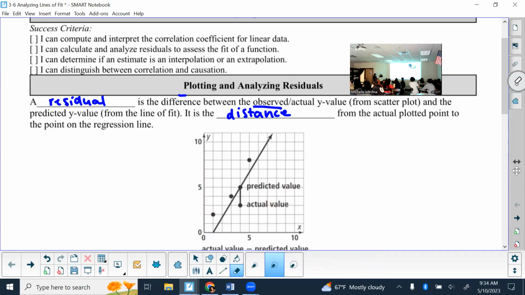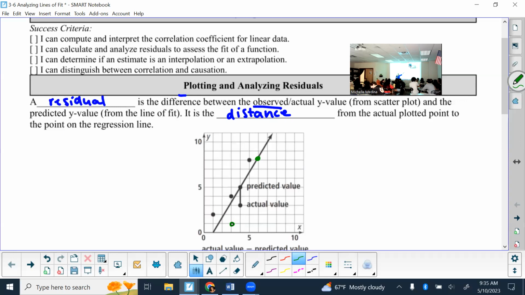So here, let me give you an example. Say that these are some of our actual values. Say that I have one here and that I have one over here. Which residual would be greater, this one or that one? Smaller, because residuals are the distance from the actual point to the line. So if it's on the line itself, then the residual is smaller.